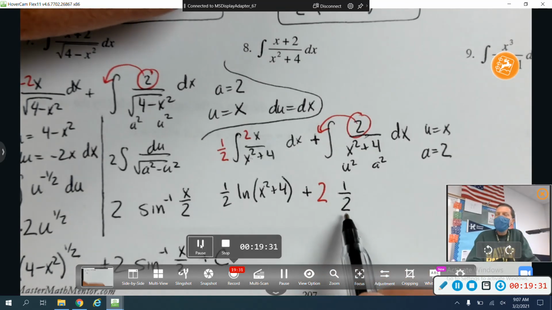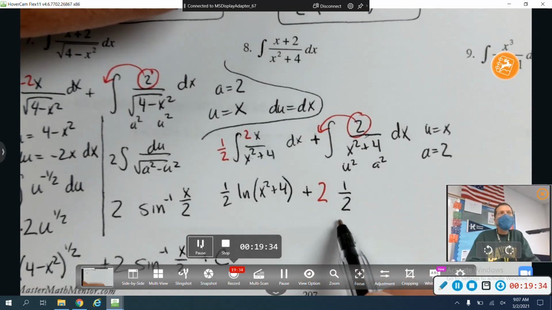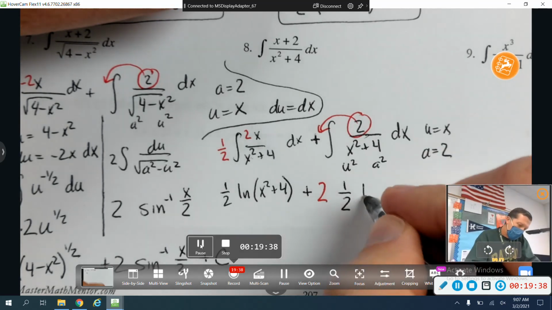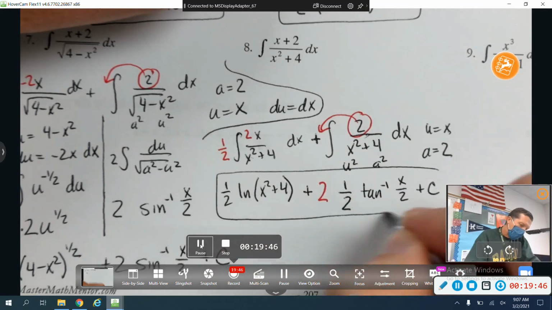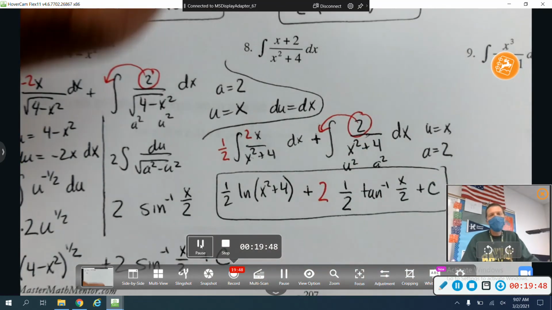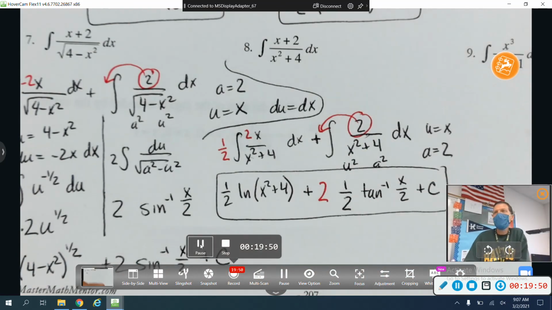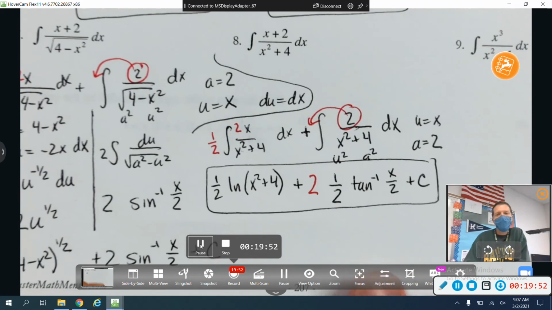So that is not in the inverse sine, but it is in the inverse tangent, that extra 1 over a. Inverse tangent of u over a plus c. And sure, the 2 and the 1/2 would cancel, but just really embrace the safe stop thing, right? Why mess with that? So that was another split them up problem.